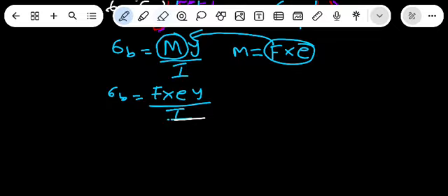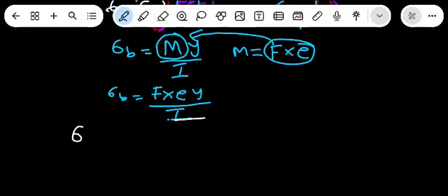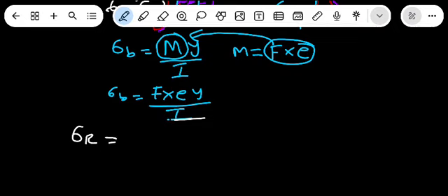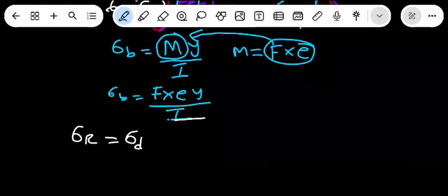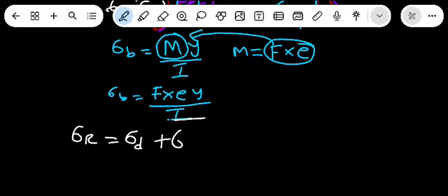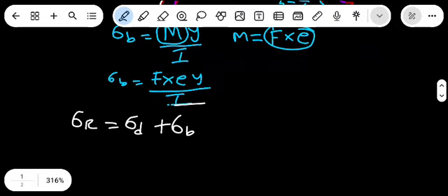So we know now the resultant stress is simply what? Direct, which is given by force divided by area, as you've seen. But now plus the bending stress. Let me just use D for direct, plus B for bending stress.